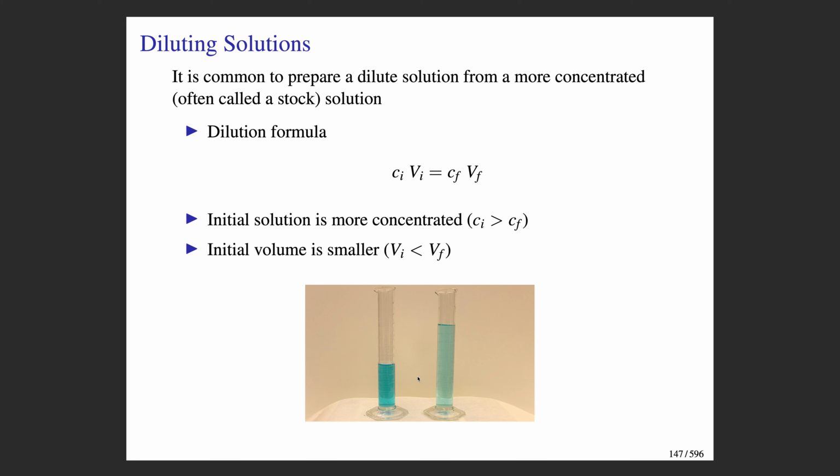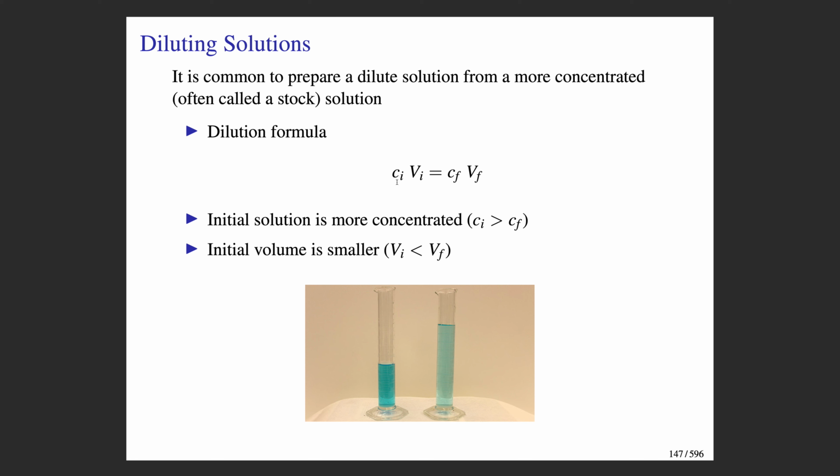And these types of problems obey the dilution formula here, where Ci represents the concentration of the initial solution. So this is typically your stock solution concentration. Vi is the volume of that concentrated solution. The product of the concentration times the volume will equal the concentration of the final dilute solution times the volume of the dilute solution.